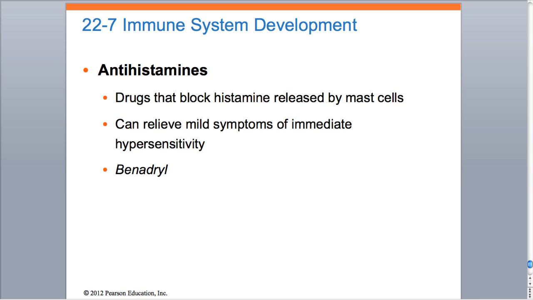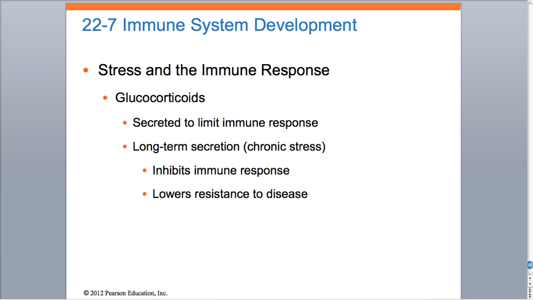Because as I mentioned a moment ago, blood volume will rush into the capillary space, and all of a sudden you'll have a drop in blood pressure. You'll also have vasoconstriction of the airways, so that's why you want to take something like an EpiPen. Okay, next, we talked about antihistamines here. They'll actually block the mast cells from producing histamine and relieve some degree of sensitivity.